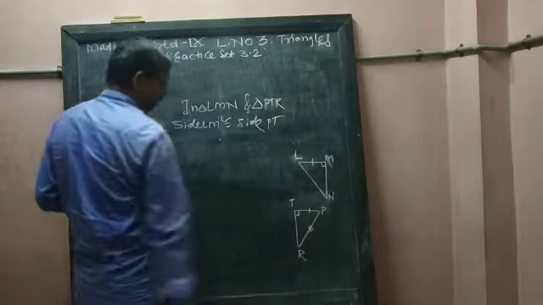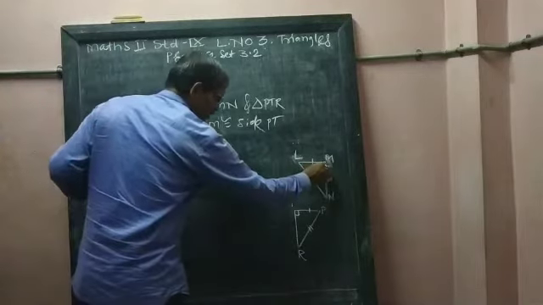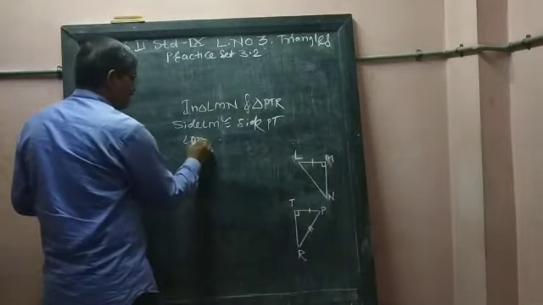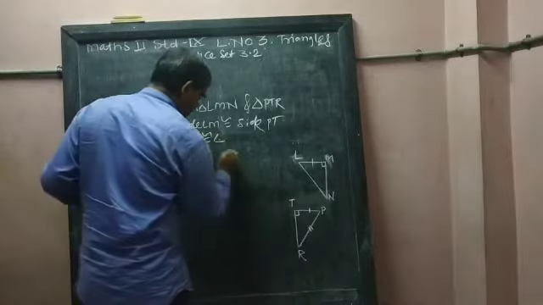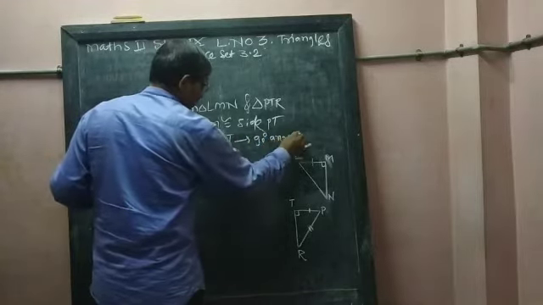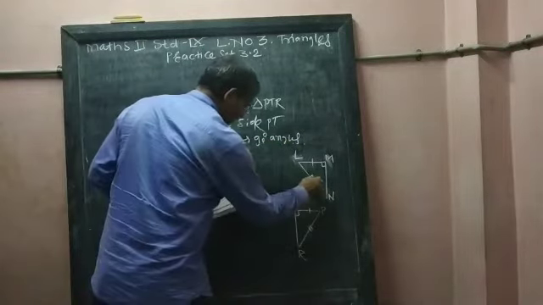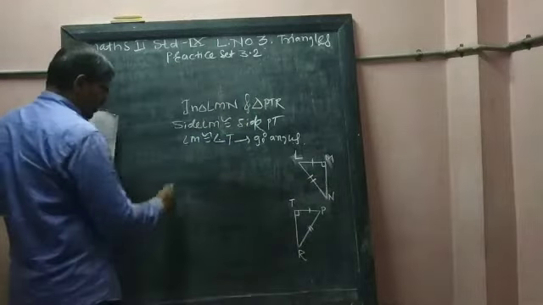Next, this symbol is given, means angle M is congruent to angle T. What is the reason? 90-degree angles, and the hypotenuses are told congruent.